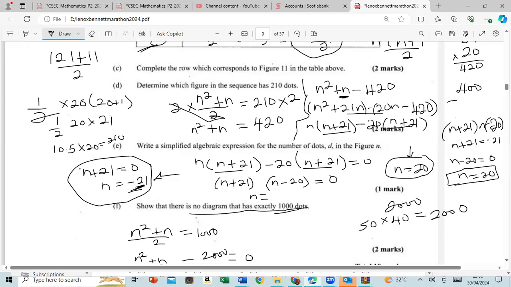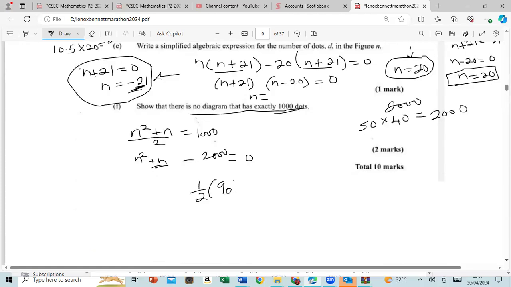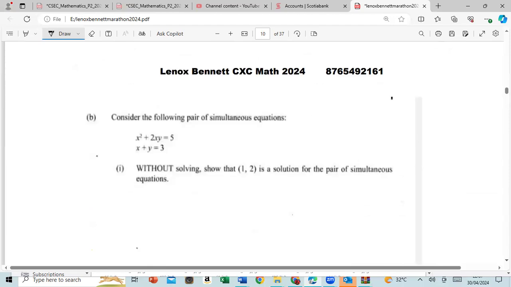So it's to show that there's no diagram that has exactly 1,000 dots. I know what to do, but it's just a headache, you know.